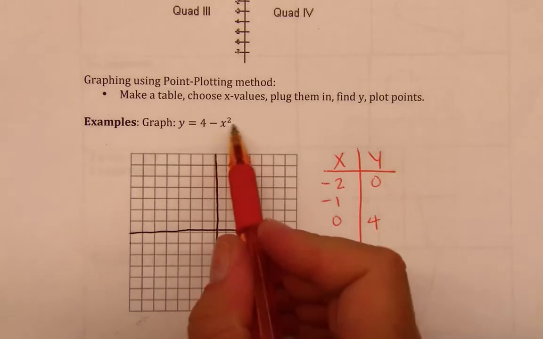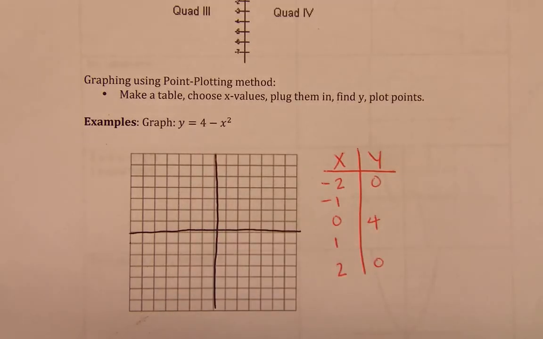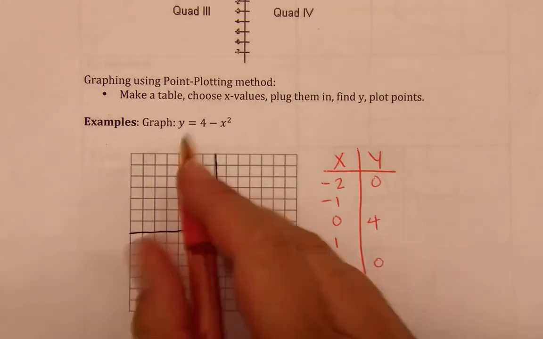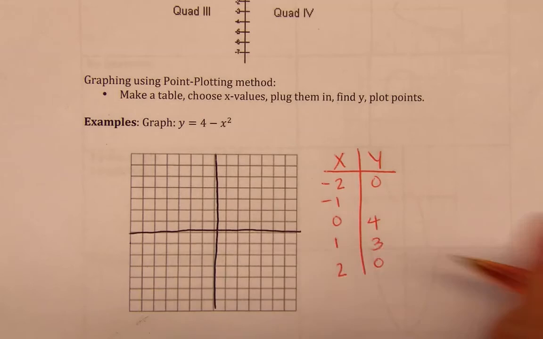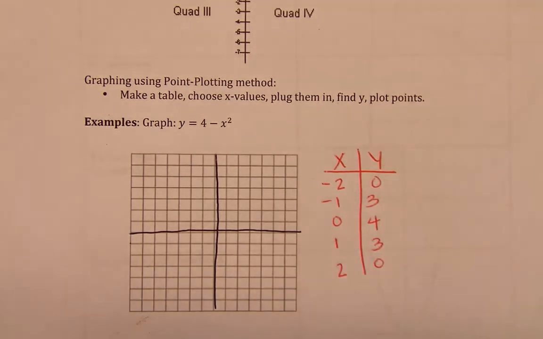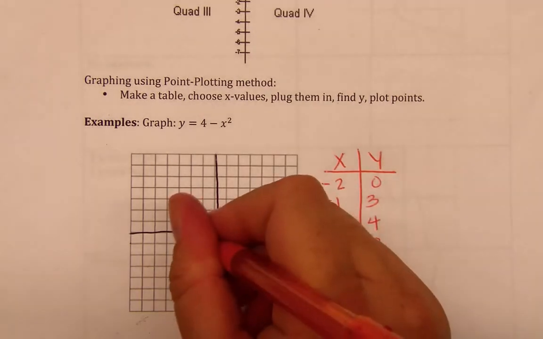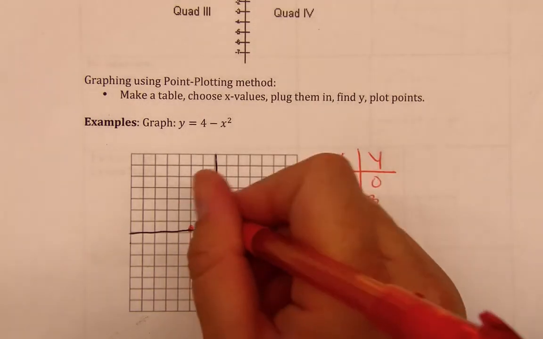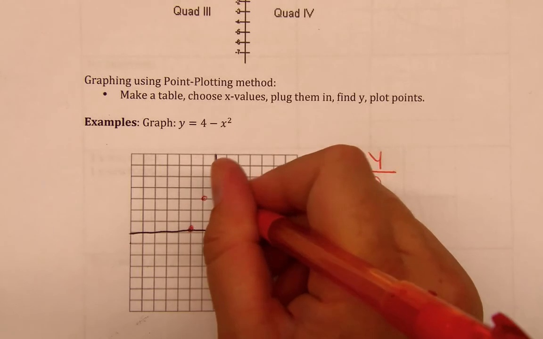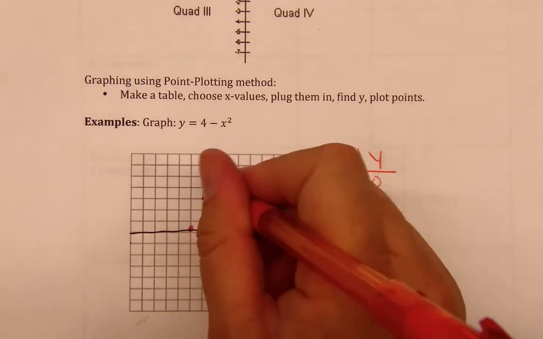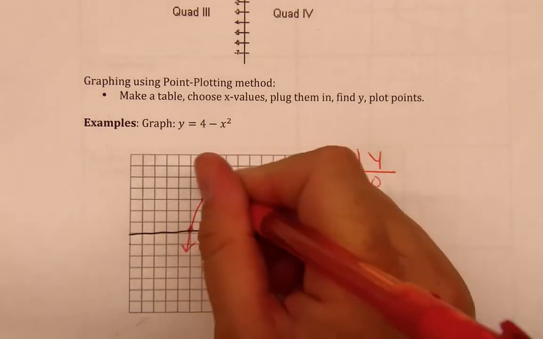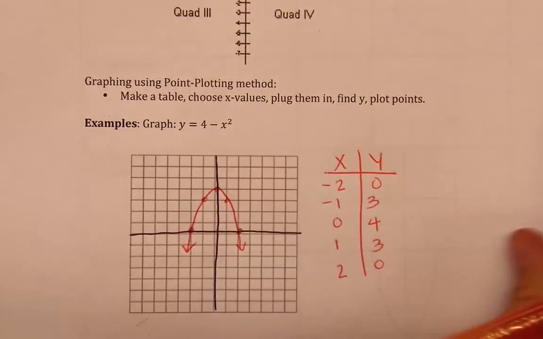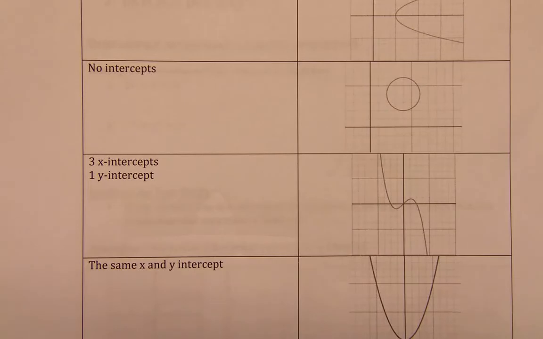If I plug in 1 here, 3 minus 1 is 4, 4 minus 1 is 3, and same thing for -1. So we can go ahead and plot those points. And there's our graph.